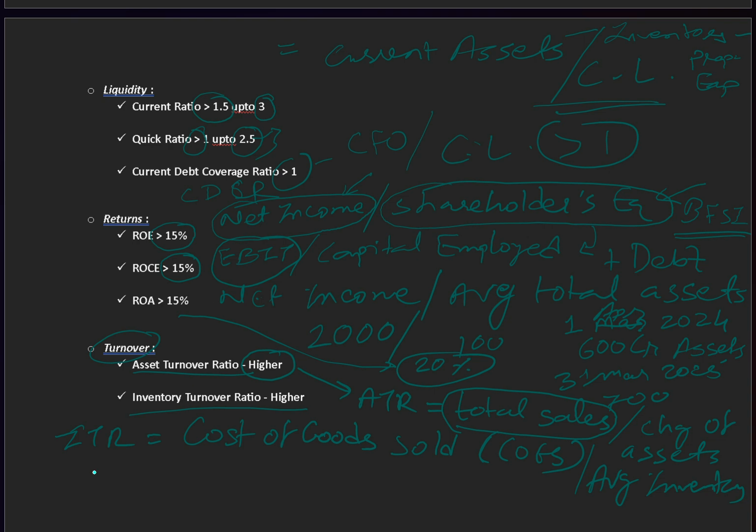Why? Because if the inventory is piling up, the company is not able to generate enough profits. If the inventory turnover ratio is higher, that means new product comes into the inventory and old products go out for sale. So this is a cycle, and this cycle should be faster. So the inventory turnover ratio should be higher.